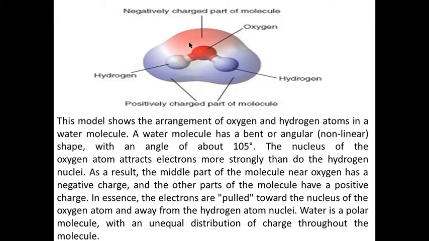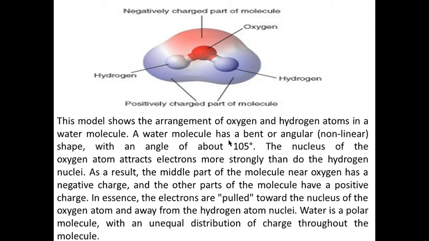See, one half has the negatively charged part of the molecule and the remaining half is the positively charged part. 2 hydrogens and 1 oxygen combine to form the complete water molecule H2O. This model shows the arrangement of oxygen and hydrogen atoms in a water molecule.